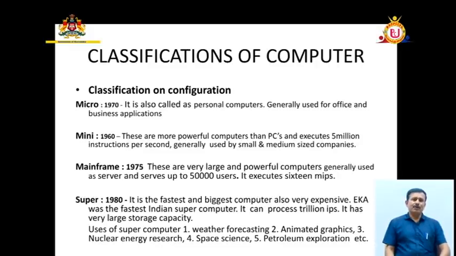Generally, desktop computers are used in the business area, and laptops are very easy to carry from one place to another place. Because of its storage capacity and battery backup, even if there is a power failure, we can use it. In daily life applications nowadays, it plays a major role.